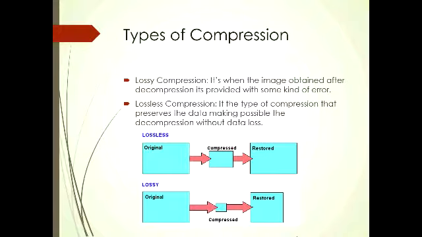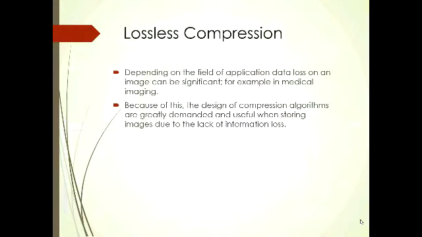We can have our original image, then compress it, and then restore it in full, without any information or data lost. And we have the lossy compression. On the lossy compression, we have an original image, then we compress the image, and when we restore the image, we have information or data lost. We will start with lossless compression.